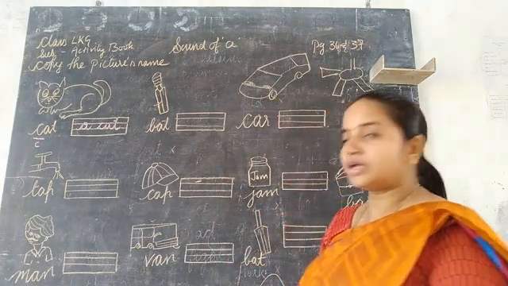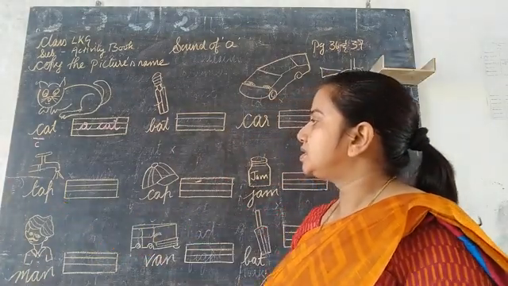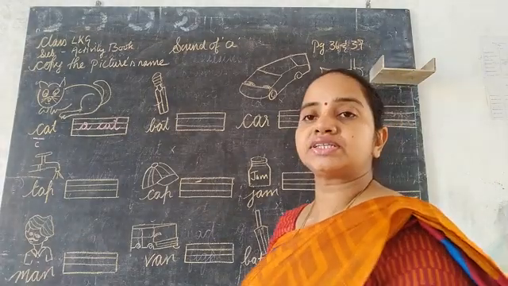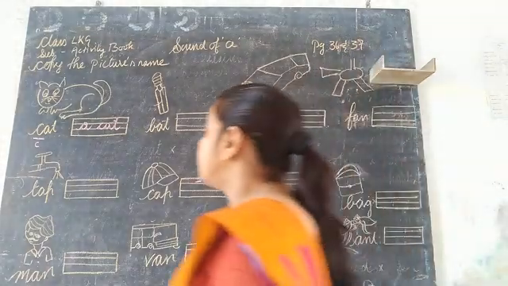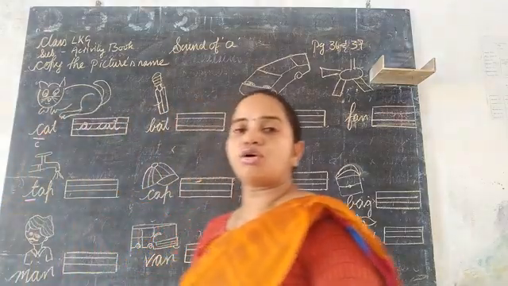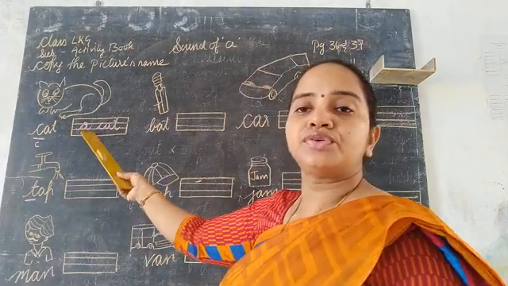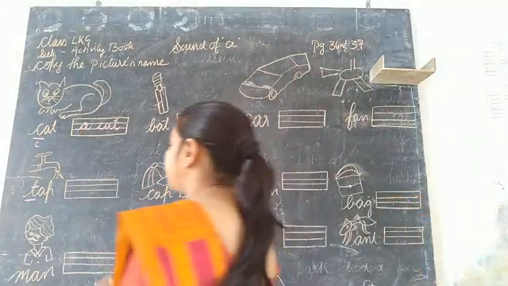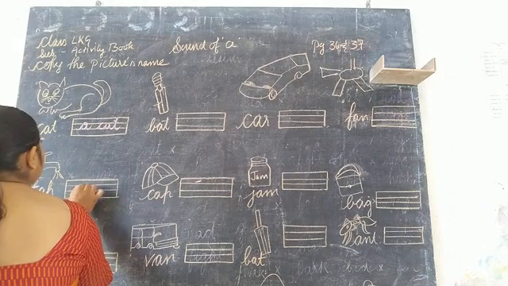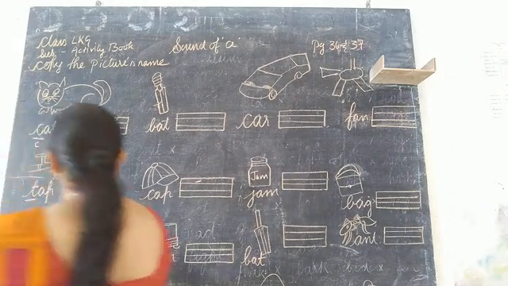Then coming to your next picture, we have the picture of what? Tap. We'll see whether the first letter is a vowel or a consonant. A, E, I, O, U are vowels and T is a consonant. So what do we have to use here? Yes, a tap. So properly write down a tap in the 4 lines given in your book.